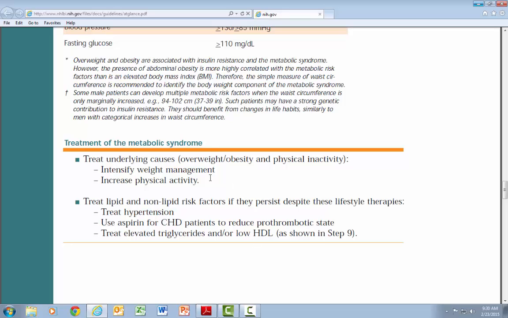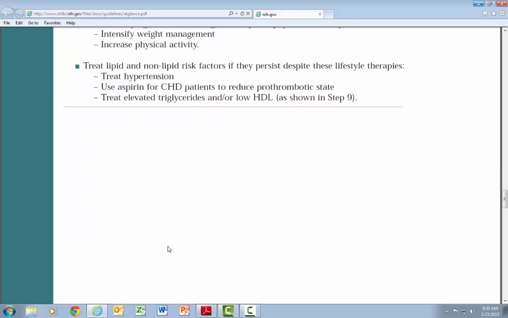Try to intensify weight management and increase physical activity, treat hypertension. You could also use aspirin to decrease the chance of a prothrombotic state and platelet aggregation, and also treat elevated triglycerides, which again is not your first goal. Your first goal is LDL, unless triglycerides are greater than 500, then you switch your goal.